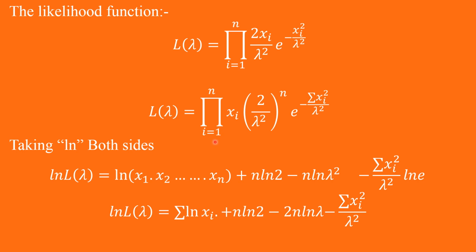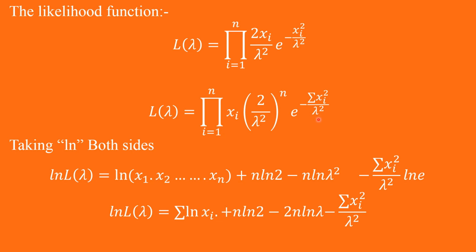So we have product 1 to n xi. 2 over lambda square is constant, so when we apply the product operator, we have 2 over lambda square raised to the power n. Here xi square over lambda square is in the power of e, so when we apply the product operator, we have e power minus summation xi square over lambda square. This is the likelihood function.